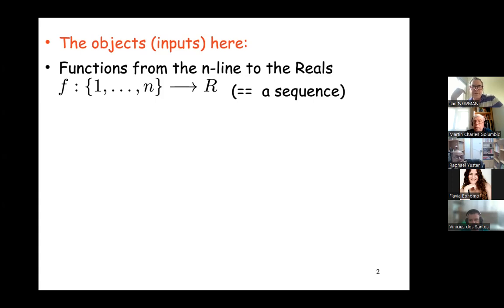We want to decide whether our object, in this case our function or our string, has the property, or it's far from the property, which leaves a gray area of functions that neither have the property nor are far from the property, but are relatively close to the property. And for this gray area, we don't mind what the decision of the algorithm would be.